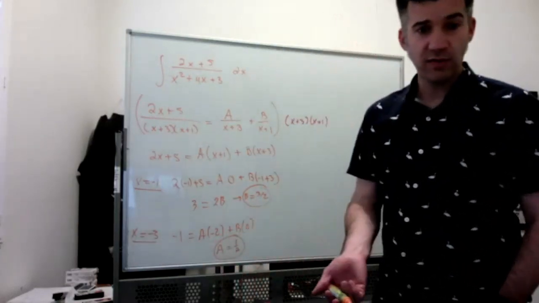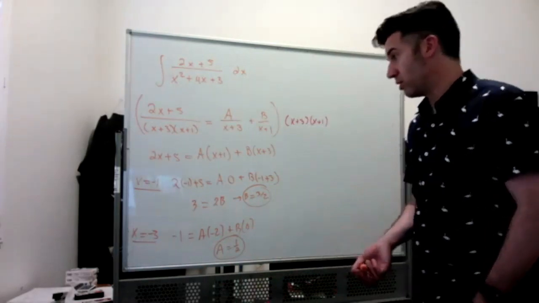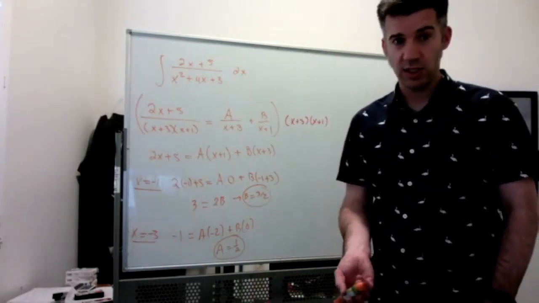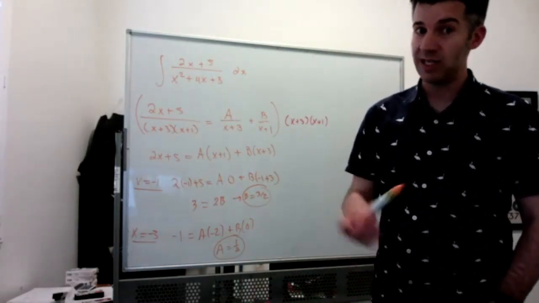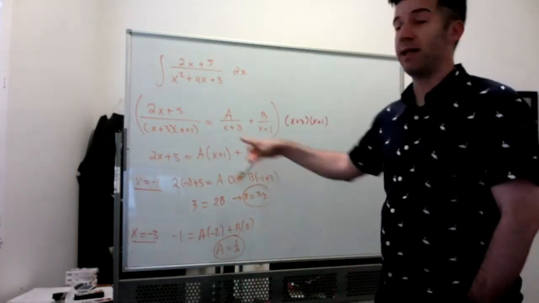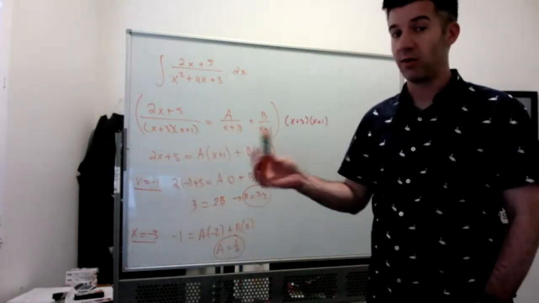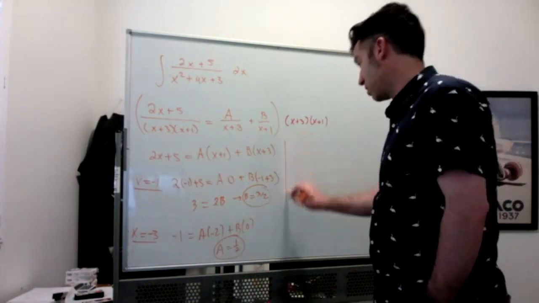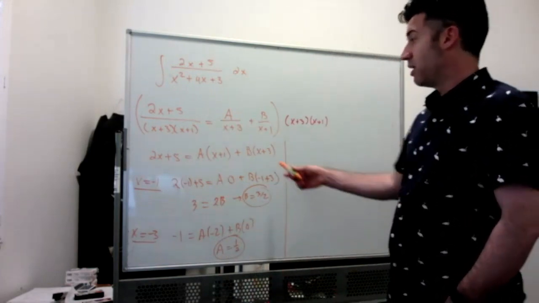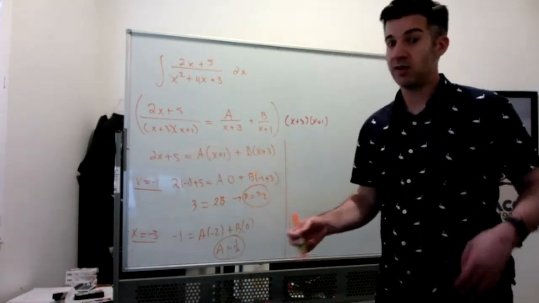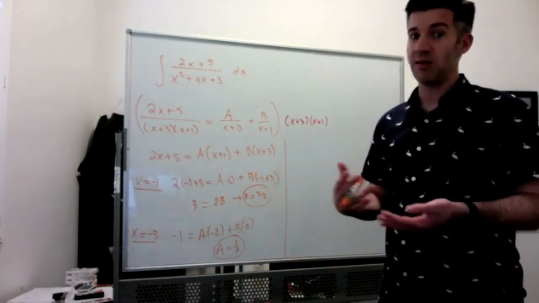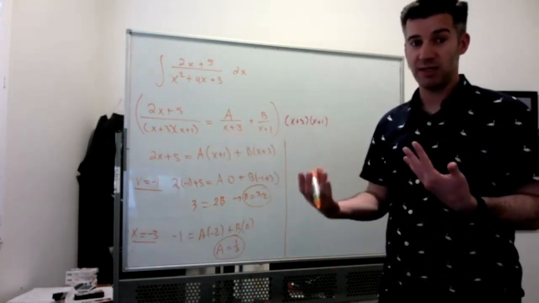There are other methods of doing this as well. The other method is what's called equating coefficients. And that is a method I like to use if I run out of convenient values of x, which you definitely will sometimes. The equating coefficients method says, well, these are polynomials that are equal to each other, meaning the amount of each coefficient on each side has to be the same.